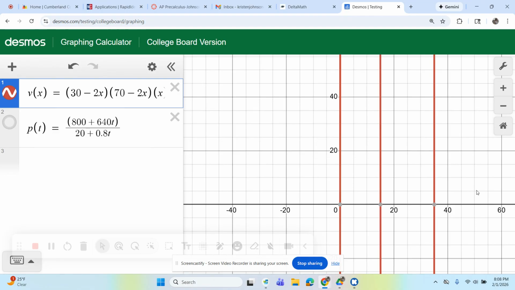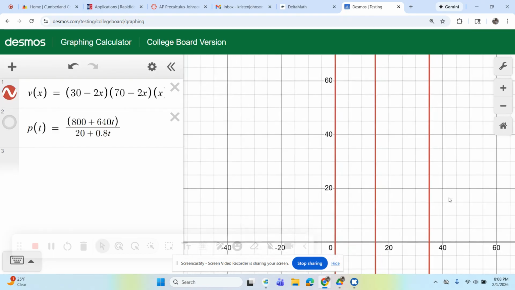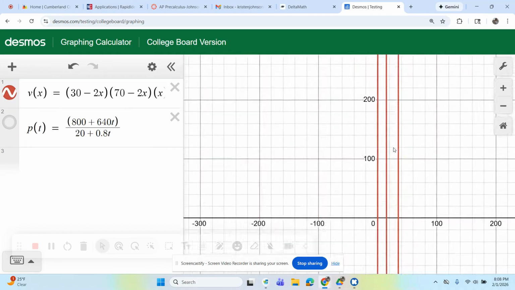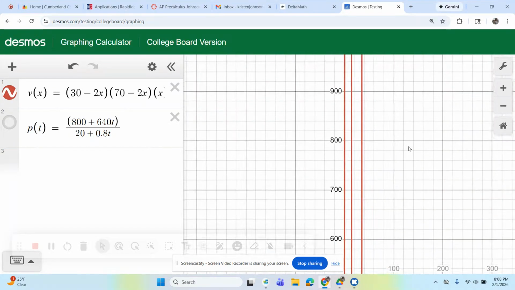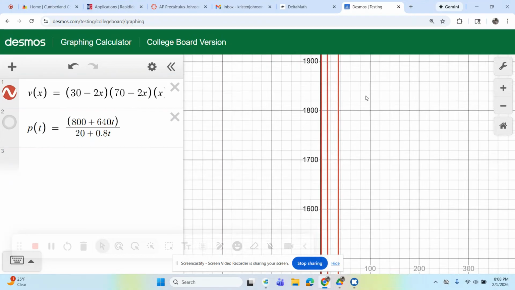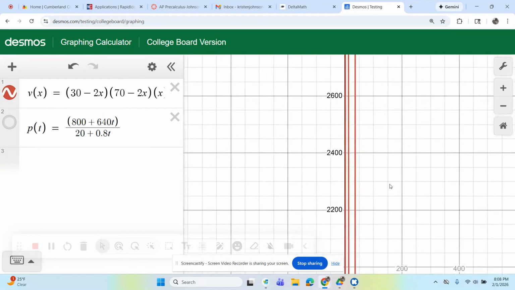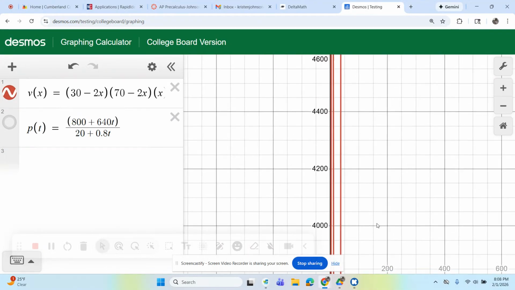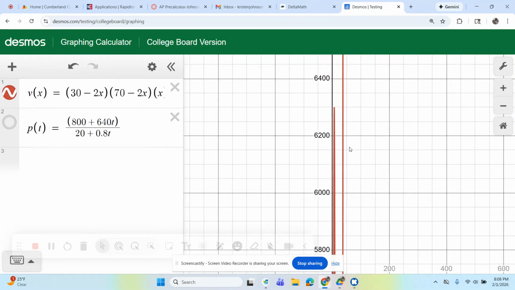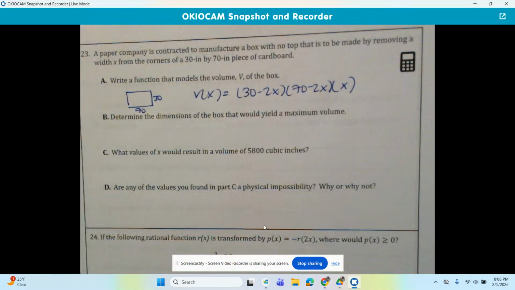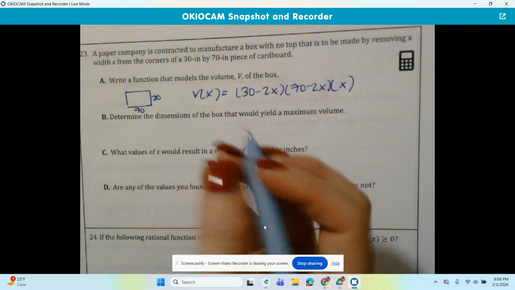Moving on up. We're getting there. All right, so here we are. Okay, and it wants to know, determine the dimension of the box that would yield a maximum volume. So we want to zoom out here, and we are looking for the max of this function. Up here somewhere. Here it is. Okay, right there. So the dimensions of the box give me an x value of 6.529 is what we're looking at.